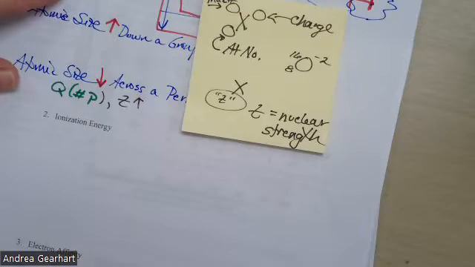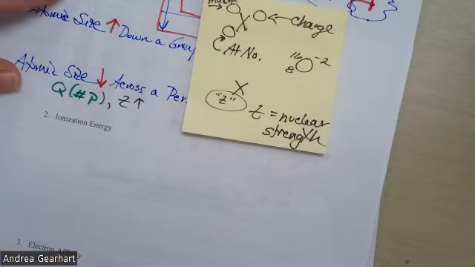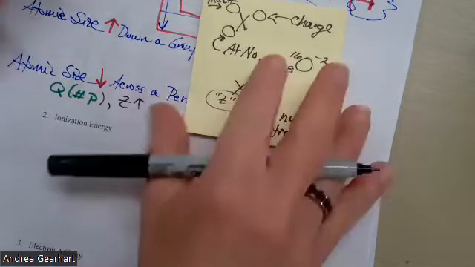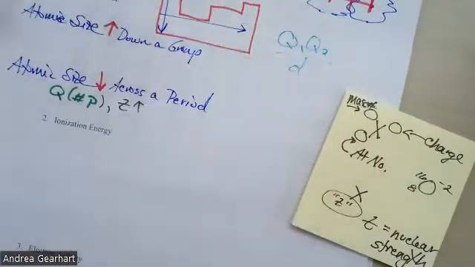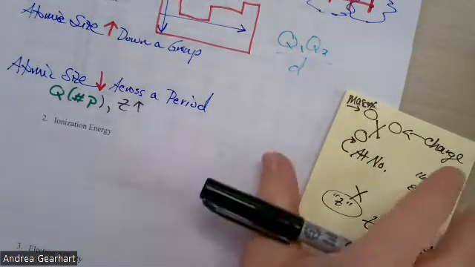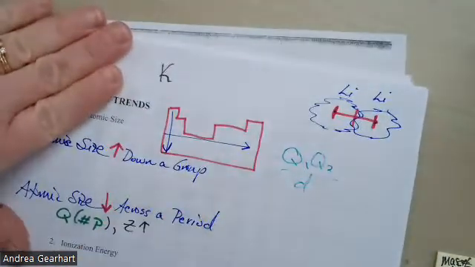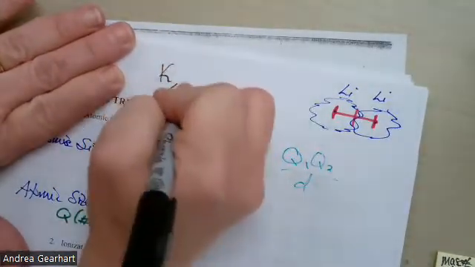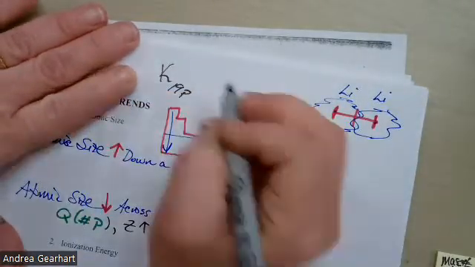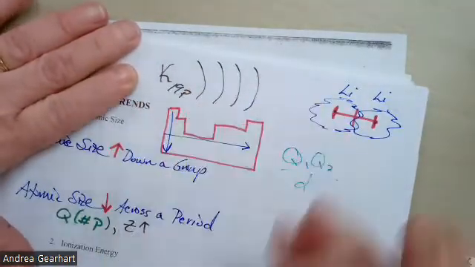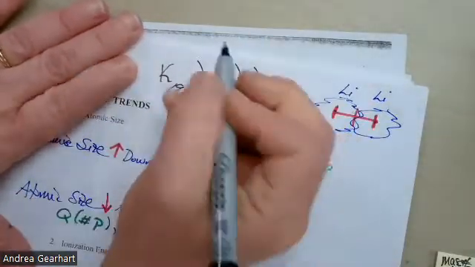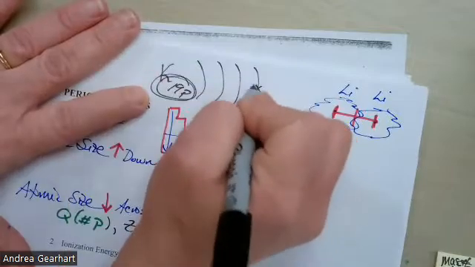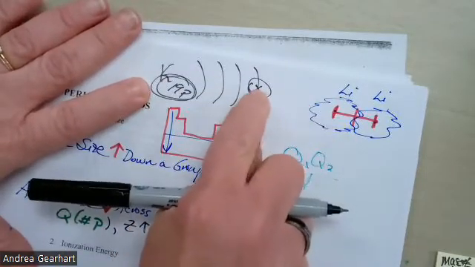Is it all right if I add a little other layer to this? Whenever we are talking about size, like if we talk about the 4th period, we realize, for example, potassium has a nuclear strength of 19. And when we're talking about size, we're talking about the pull this has for the 4th energy level electron.